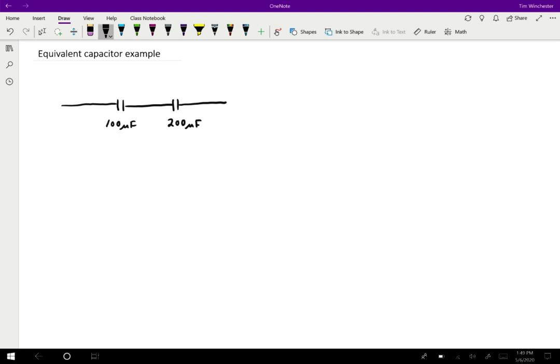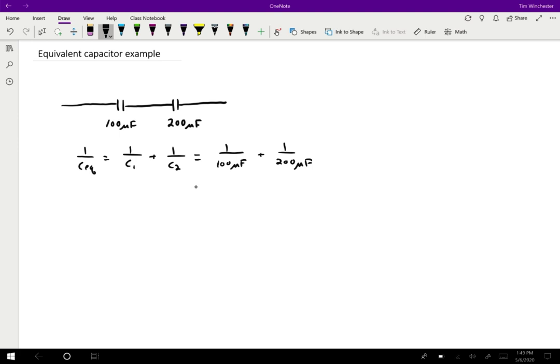Well, the formula for equivalent capacitance for capacitors in series is 1 over C equivalent equals 1 over C1 plus 1 over C2. In this case, that's going to be 1 over 100 microfarads plus 1 over 200 microfarads, and we need to figure out the equivalent capacitance here.